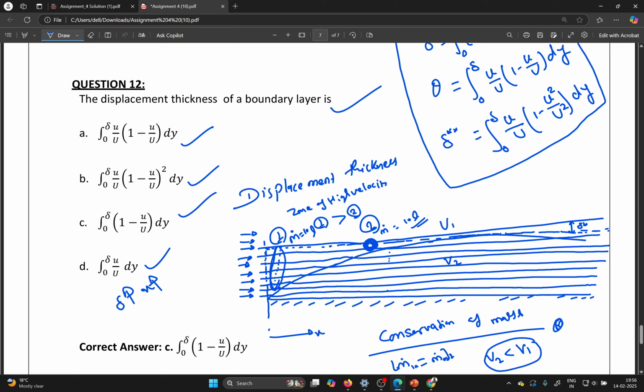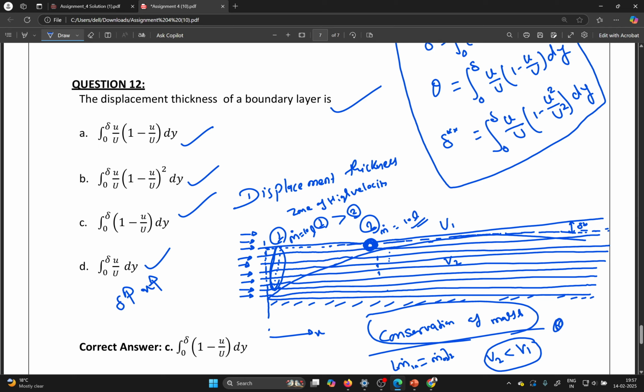So the streamline will go outward, outward, outward, for balancing the conservation of mass. This is the whole concept behind the streamline's outward shifting: to maintain the conservation of mass.